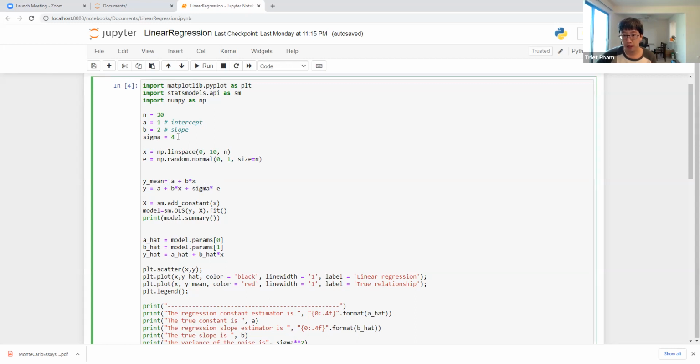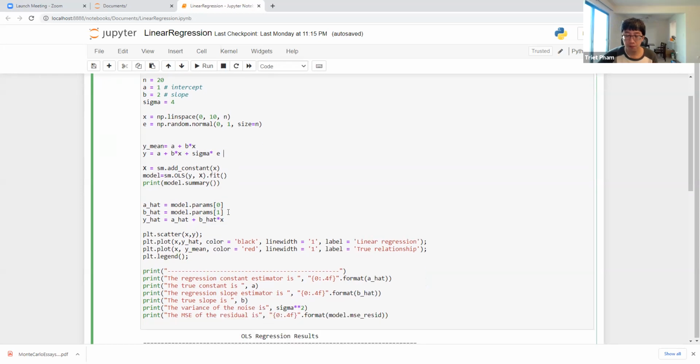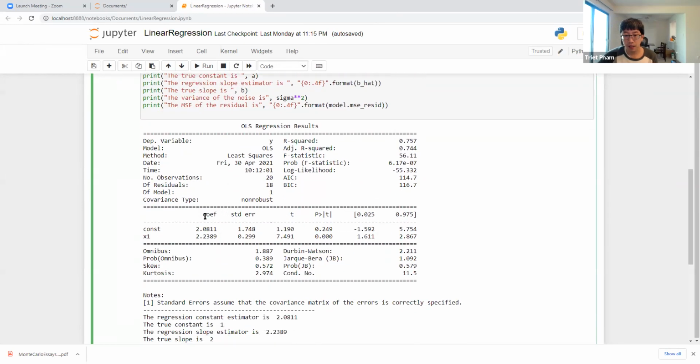So if I multiply e by sigma, I generate a normal with mean 0 and variance sigma squared. That's my perturbation from the straight line. Anyway, this is just a slightly different way to view it. And then I run the regression and output things. And here's a typical output that you'll see from a regression result. Again, if you have done anything like R, you have seen something like this.